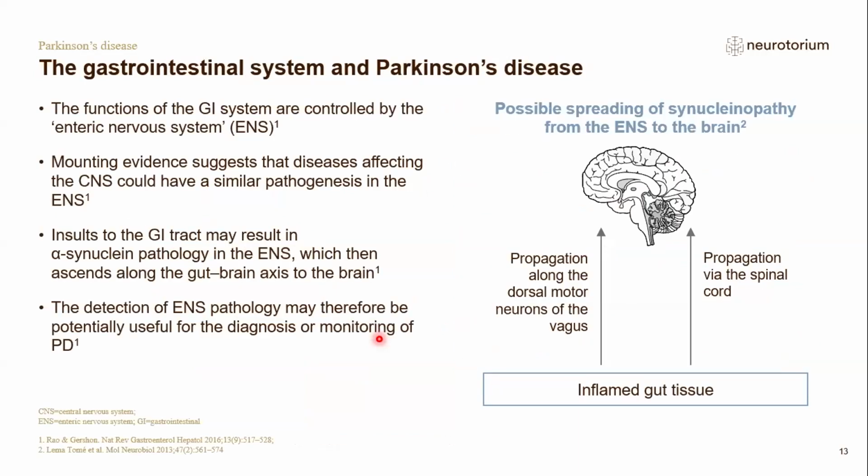So we know that the enteric nervous system is also a brain of its own, and there's mounting evidence that the diseases that affect the enteric nervous system also affect the CNS.